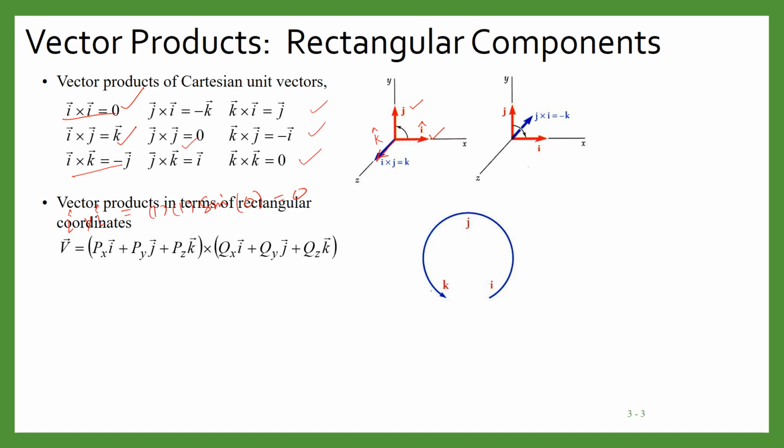Now vector product in terms of the rectangular coordinates. Suppose there are two vectors.